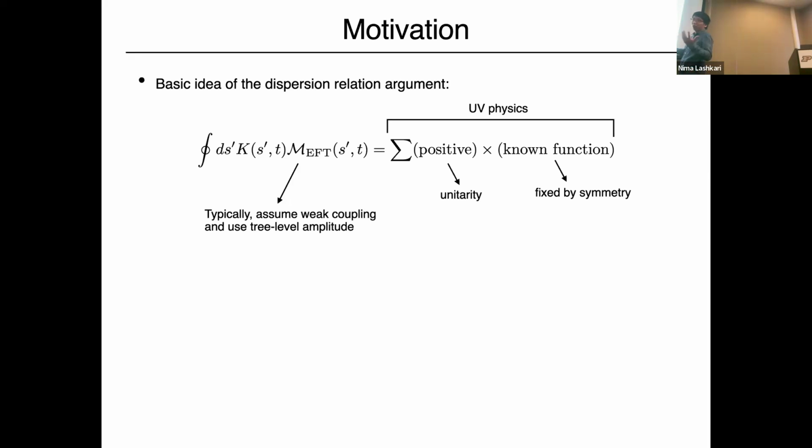That would require you knowing the UV completion. And so one thing you can try to do is derive how this thing behaves at large energy using the fact that it has to reproduce this side, basically. Okay, cool. But maybe when I write down the precise form of the sum, it will be clearer.